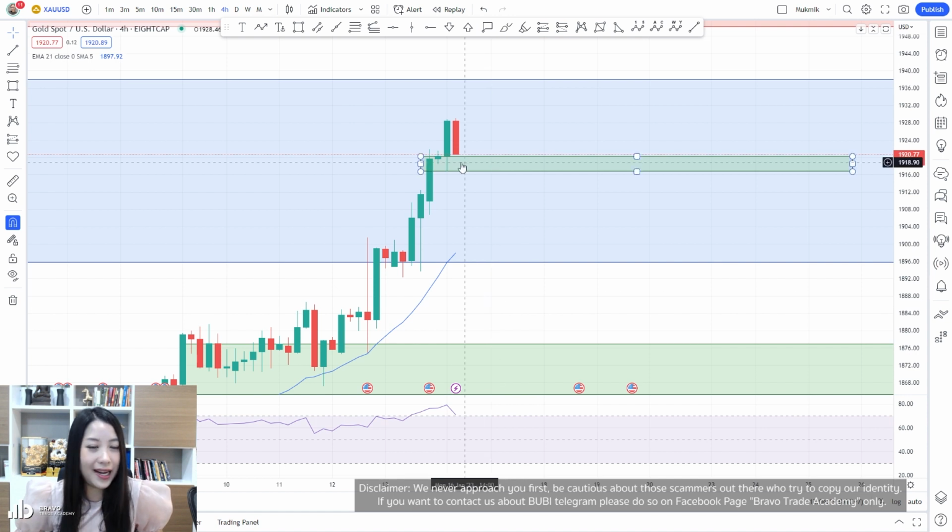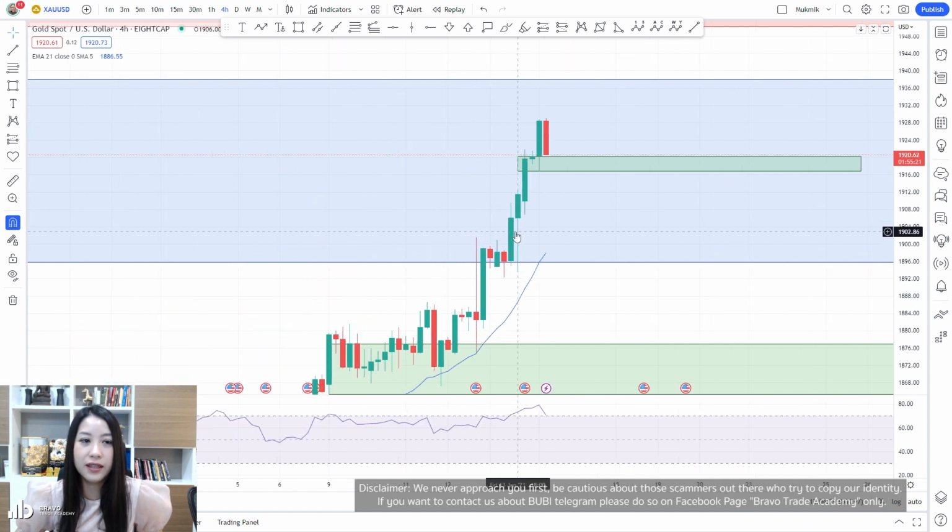It is more likely that this demand zone would be removed, because there's a very strong price rejection going on here, causing the price to do this fast return behavior. So you need to be careful on this demand zone.